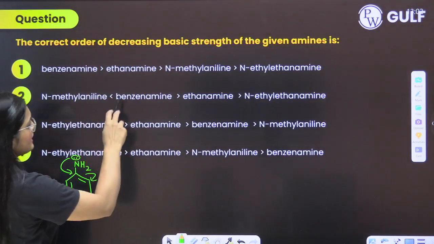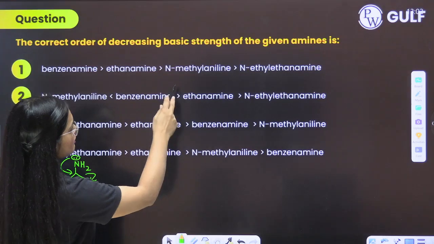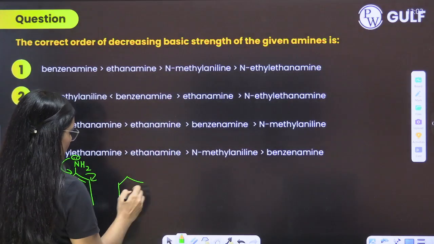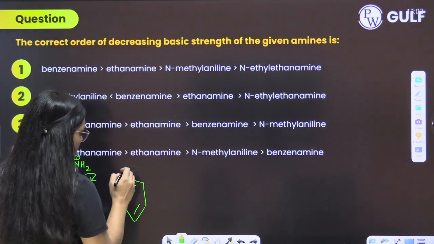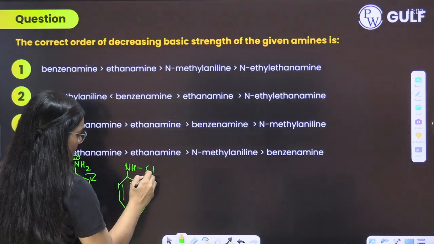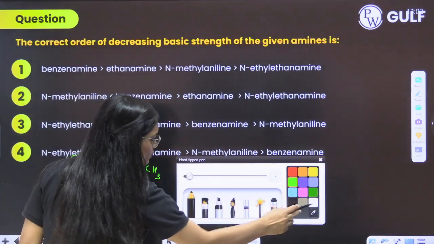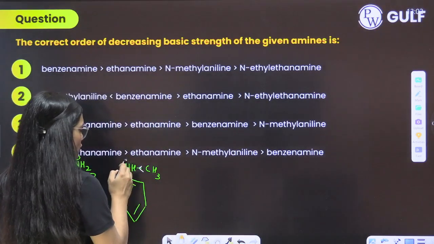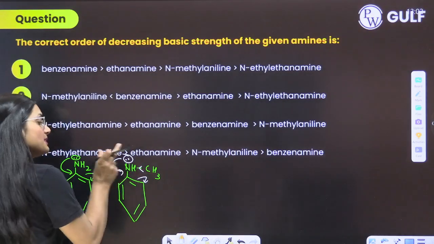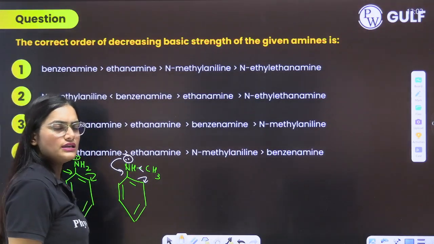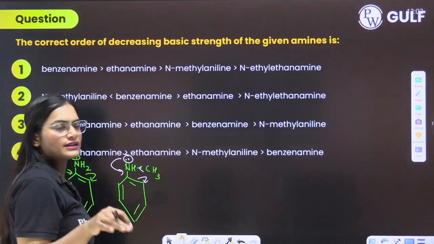You have ethanamine, and then you have N-methylamine. If I talk about N-methylamine, this is NHCH3. So here there is one CH3 group which is donating electrons to the nitrogen atom. Here also nitrogen participates in resonance, but its basic strength would be more as compared to aniline because of the CH3 plus I effect.